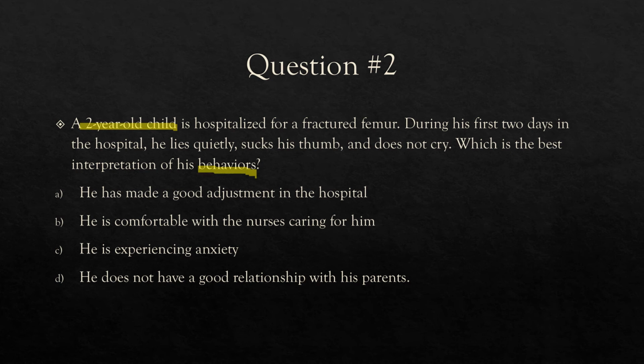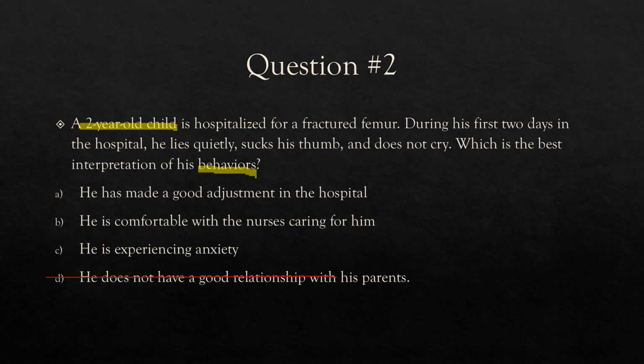So now when I go back to my choices and see what we have, I know that this question has nothing to do with his relationship with his parents, so I would go ahead and mark out D.